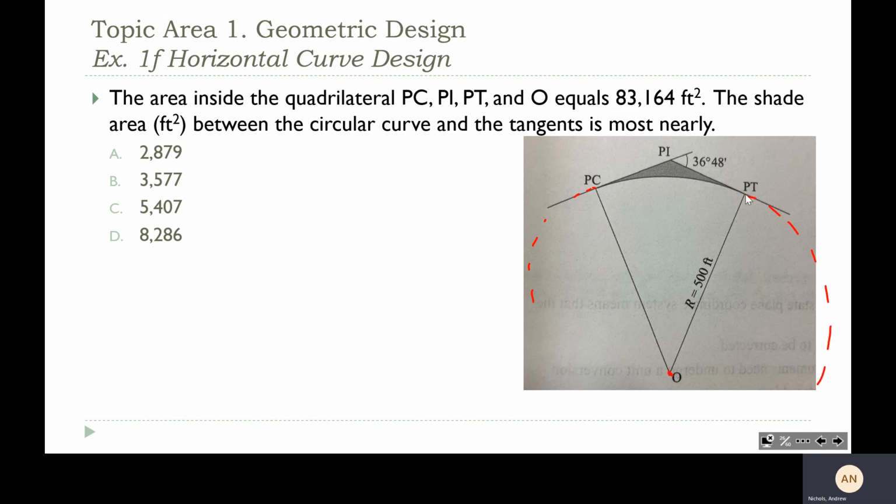With a radius or a center point around O. And so they've given us the total area bounded by that quadrilateral. So if we can solve for just this area in here and subtract it, that'll give us the shaded area. So what do we need to know in addition to the radius? How can we find the area there?